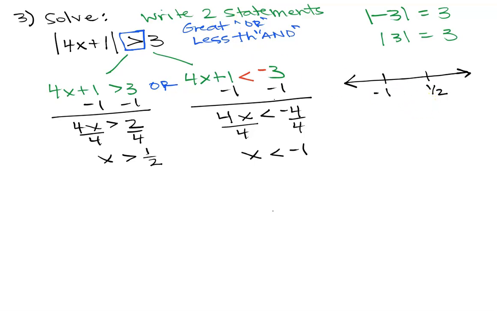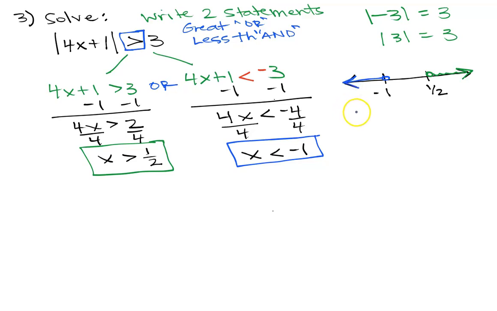If I'm looking at each of these, I'm going to do these in different colors to make them stand out. So x is greater than 1/2: I have an open circle at 1/2, and greater than is everything bigger than it. And then I have x is less than -1: again, an open circle there, and everything smaller than it.